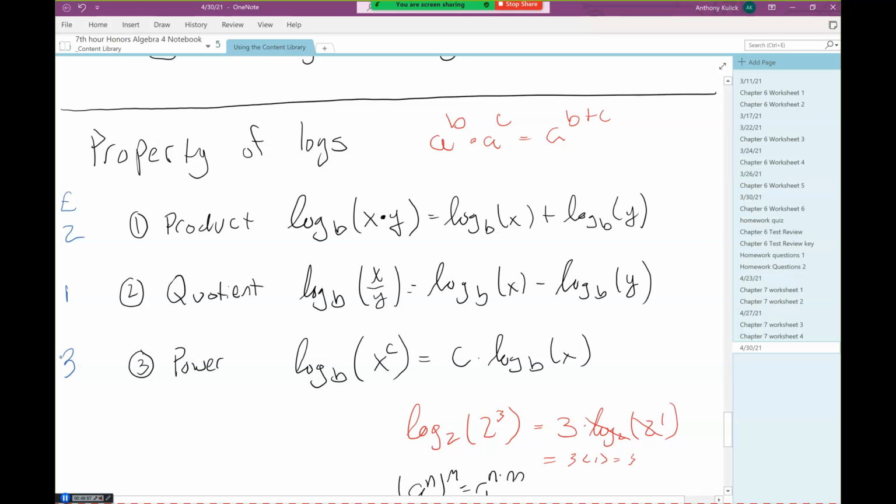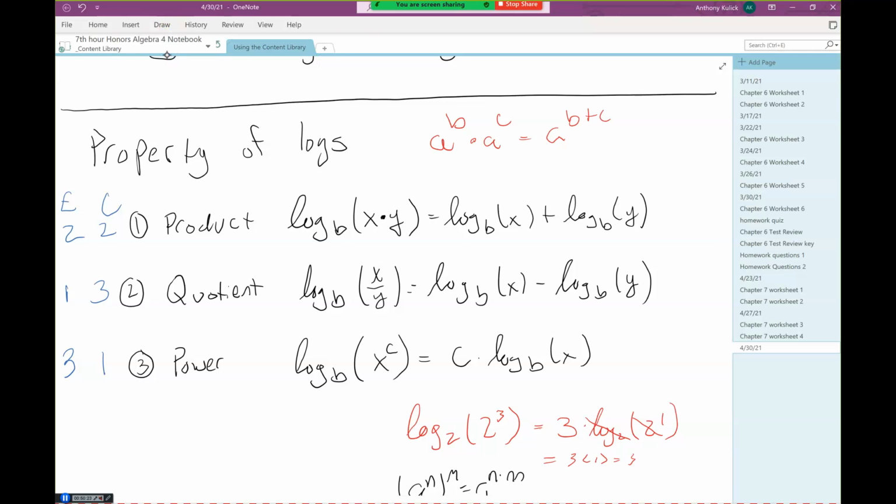But that's the order in which we really want to apply those properties. So again, quotient, then product, then power. And if we're doing the opposite, if we're condensing, we go in the reverse order. So power, product, quotient, if we're doing the opposite type of problem. So just FYI.